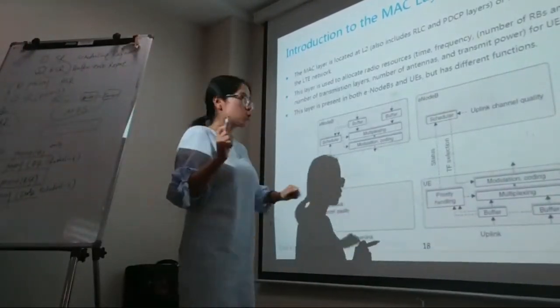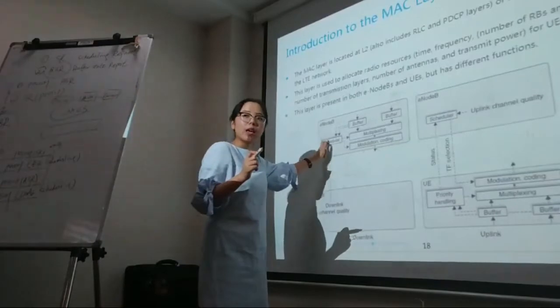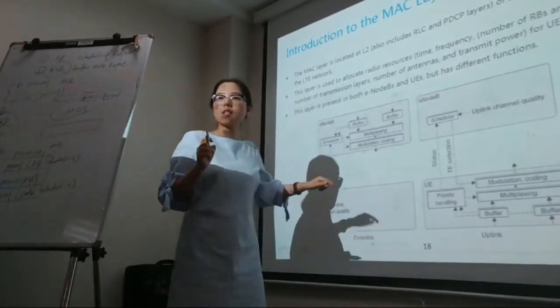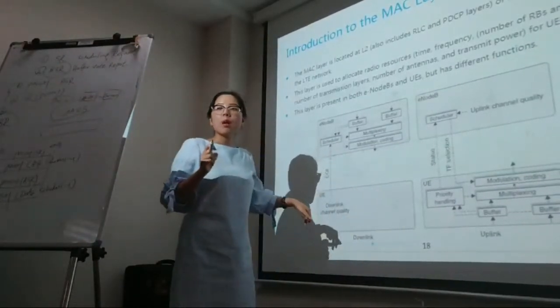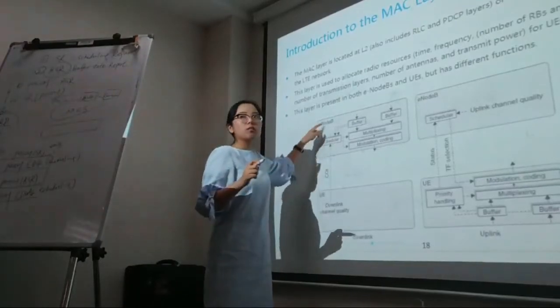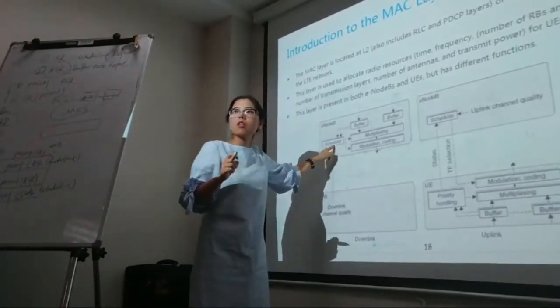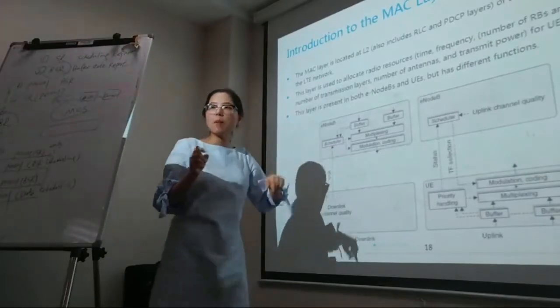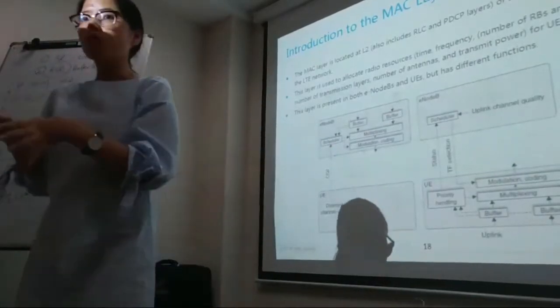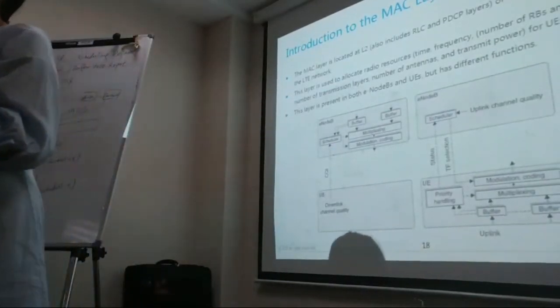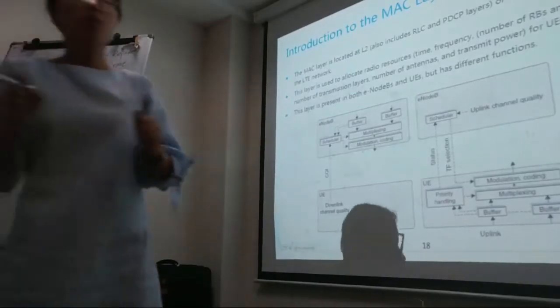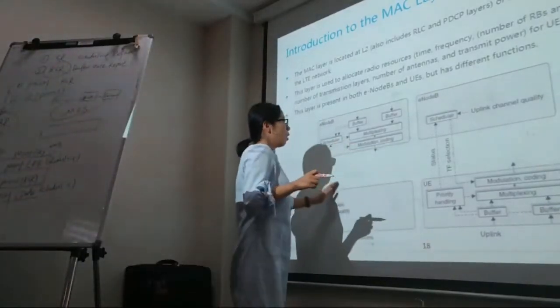If the algorithm is good, it can schedule the UE properly. But if an improper scheduling algorithm is set, maybe some UEs cannot transmit data or cannot receive data. That is the scheduler. All the others are the same.